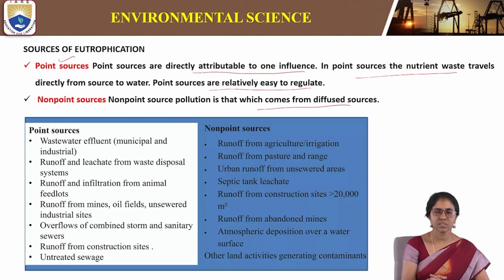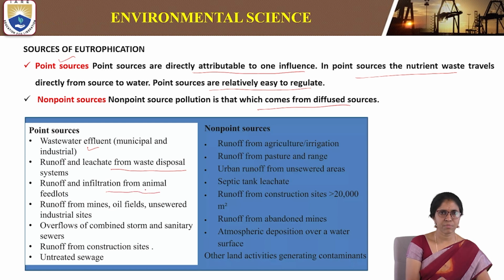Point sources include wastewater effluents, municipal or industrial waste, runoff and leachate from waste disposal systems, runoff and infiltration from animal feedlots, runoff from mines, oil fields, unsewered industrial sites, overflows of combined storm and sanitary sewers, runoff from construction sites, and also untreated sewage.